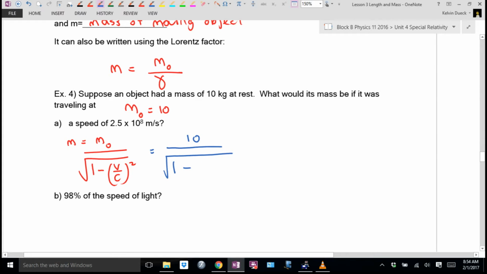Since I didn't give you the speed of light as a percentage, we'll have to put c in as a value. So on the top, there's going to be a 2.5 times 10 to the 8th. And on the bottom, there's going to be a 3 times 10 to the 8th, all squared.